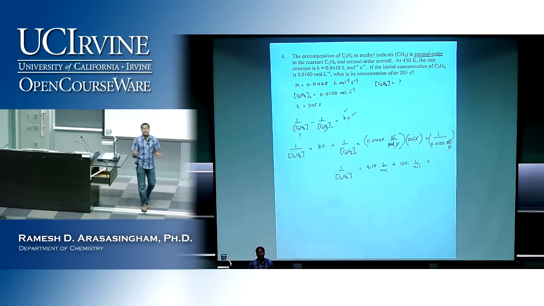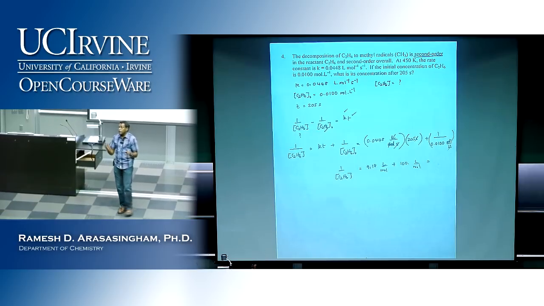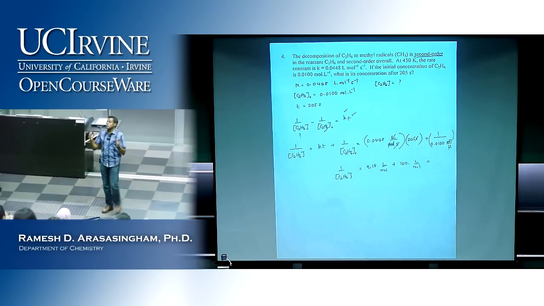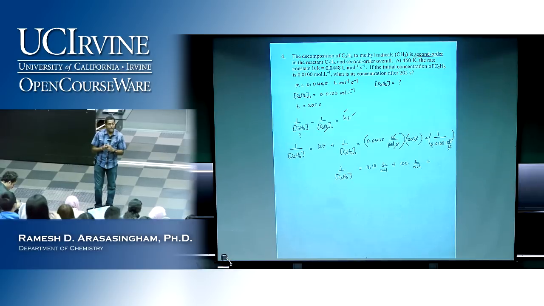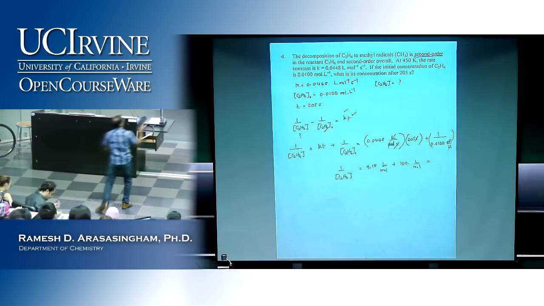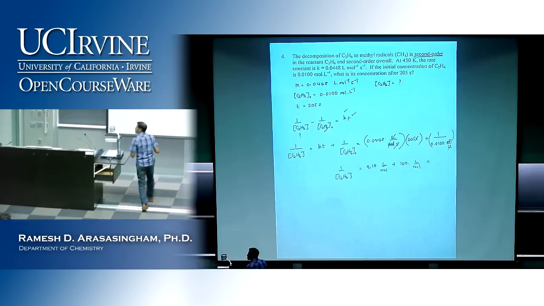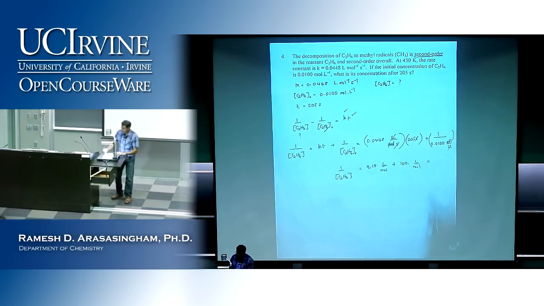When you're adding numbers, what do you keep track of in terms of significant figures? Decimals. So can you see that 100 has 0 decimals? So when I add these two together, I'm going to give it to the least number of decimals, which is 109 liters per mole. I'm going to take the inverse because I want to calculate the concentration.